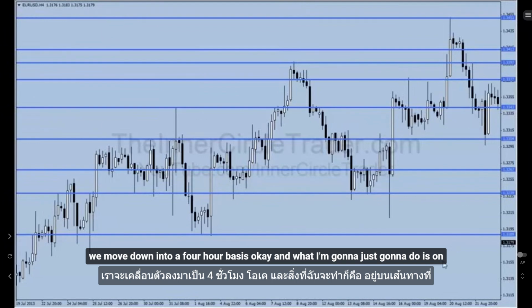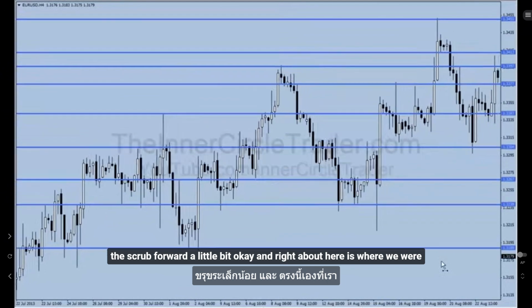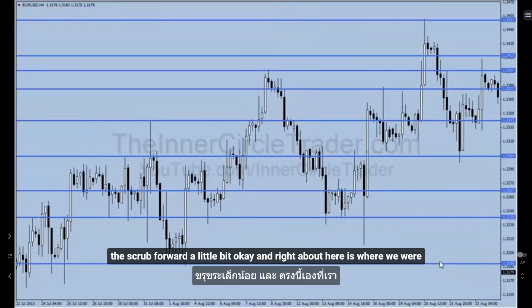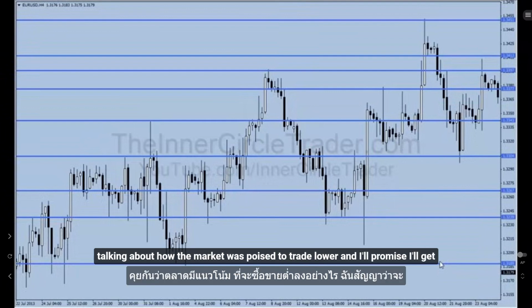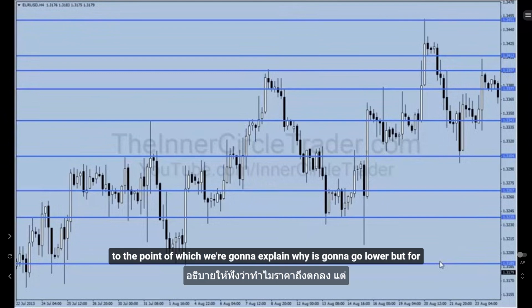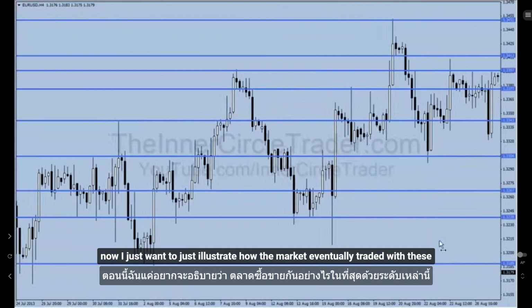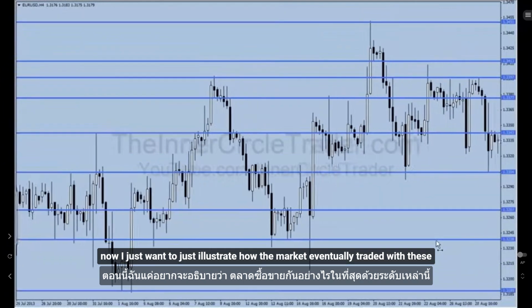What I'm just going to do is scrub forward a little bit. Right about here is where we were talking about how the market was poised to trade lower. I promise I'll get to the point where we explain why it was going to go lower. But for now, I just want to illustrate how the market eventually traded with these levels.